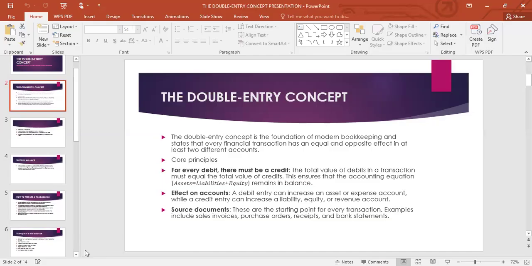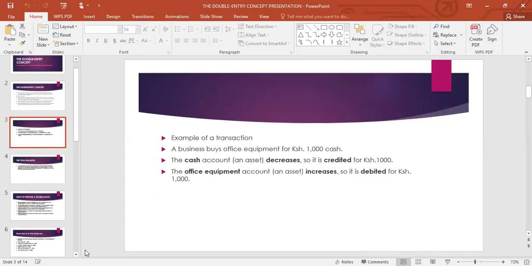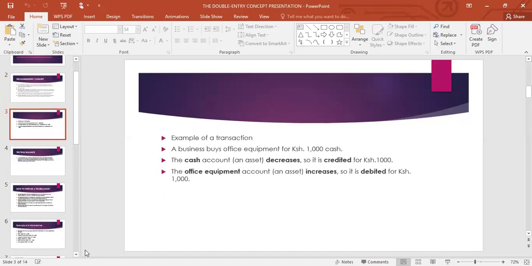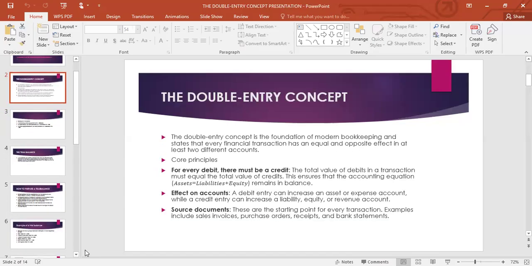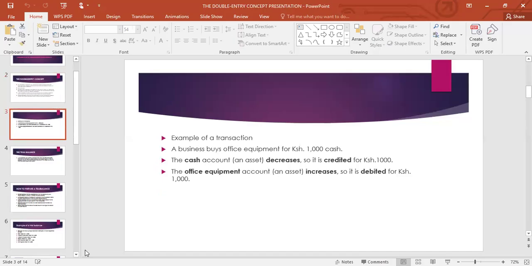Are we together, class? And now this brings us to the accounting equation, which states that assets equals liabilities plus what? Plus the owner's equity, or capital. But as an accountant, you have to use equity. It seems better that way.